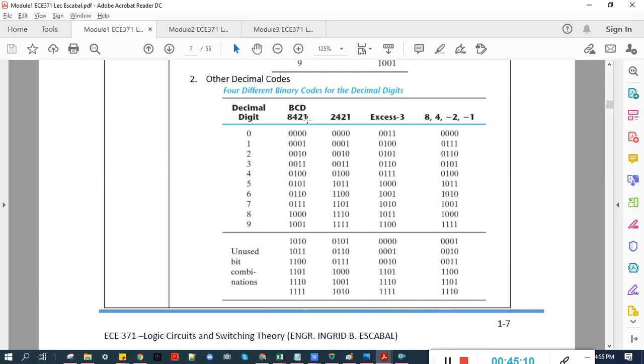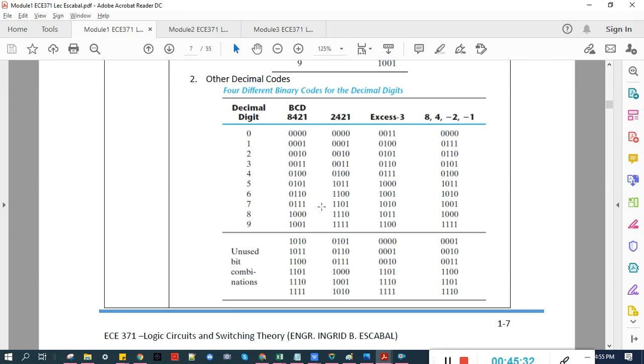BCD 8421. Each digit is represented by these equivalent binary bits.